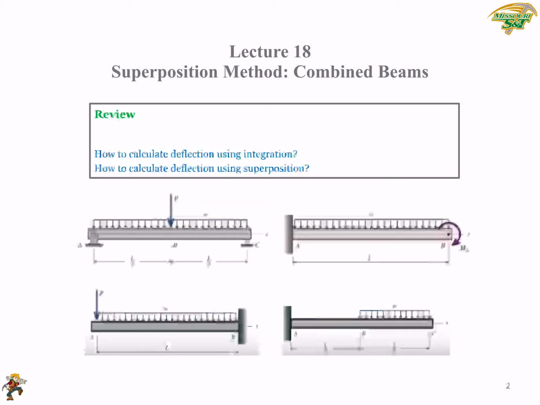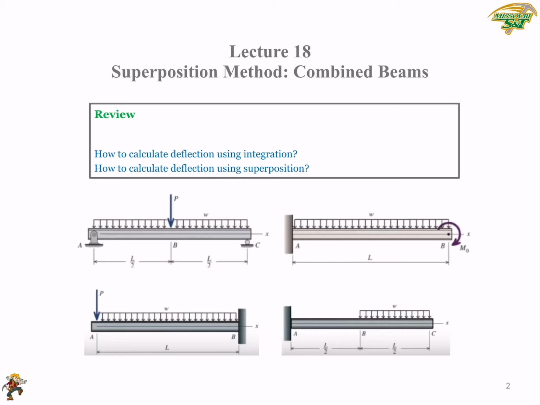First, you start from the loading distribution and do one integration to get the shear force, and do a second integration to get the bending moment. From the bending moment, you integrate further to get the slope, and you do the fourth integration to get the deflection distribution function.